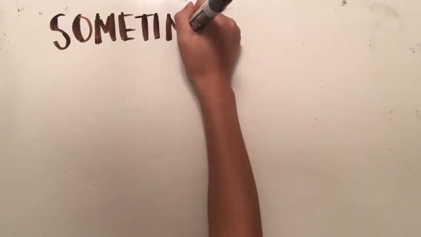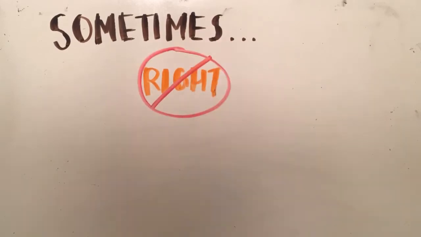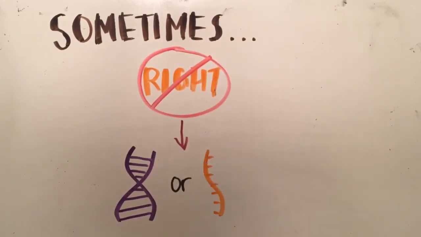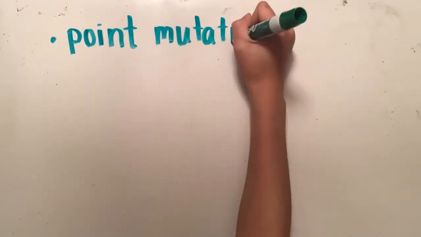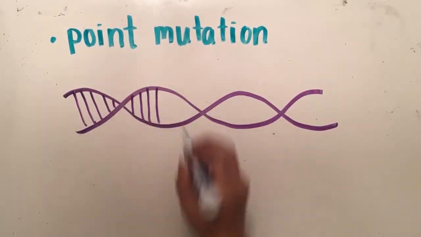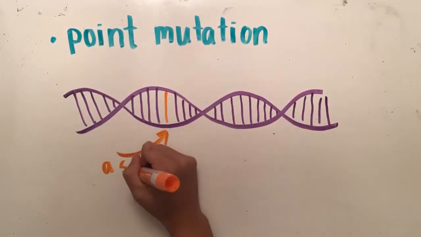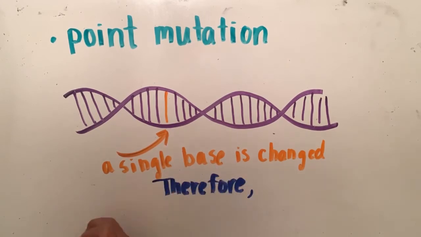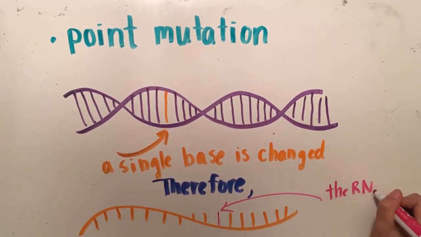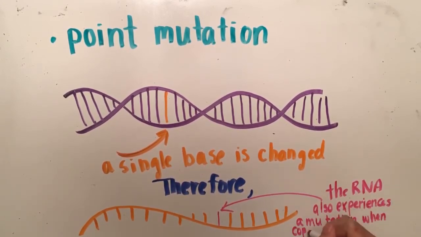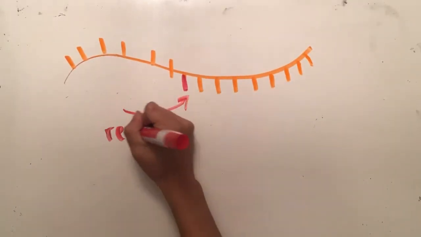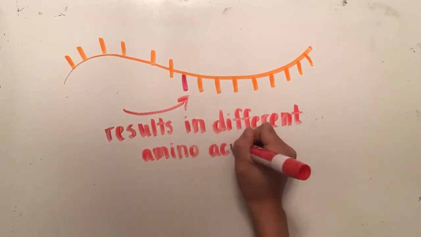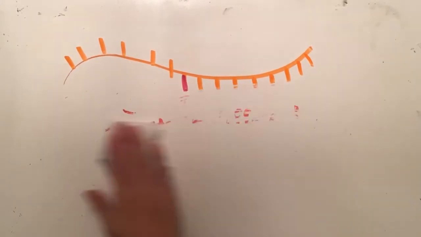Sometimes, however, things can go wrong within the DNA and RNA sequences. One specific type of mutation is called point mutation, where a single base in DNA is changed. When a DNA base is changed, then the RNA copies the changed DNA, resulting in the mutation staying. Based on what has been changed, it can have different effects on the resulting amino acid.